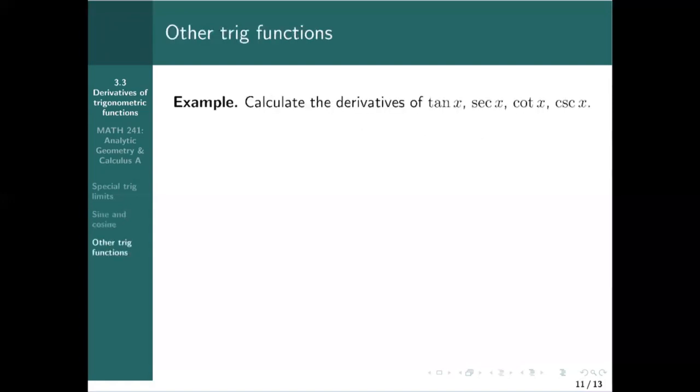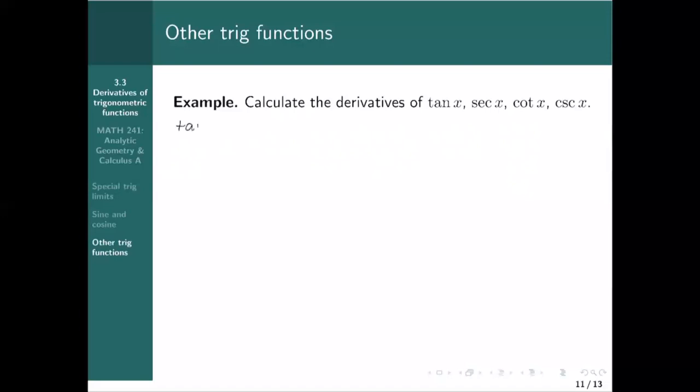Now, we are going to use the derivatives of sine and cosine to evaluate the derivatives of tangent, secant, cotangent, and cosecant, because they are defined as ratios involving sine and cosine. And we have already seen how to evaluate the derivative of quotients, derivative of fractions. So let's start with the derivative of tangent of x.